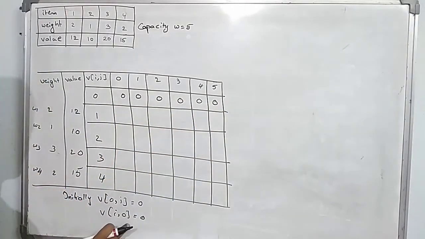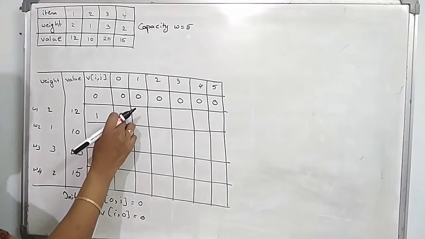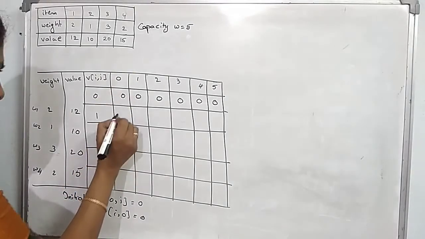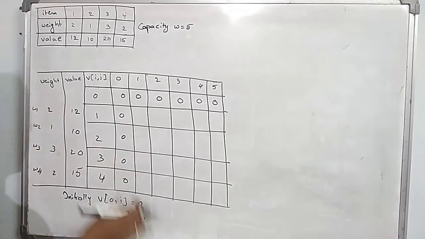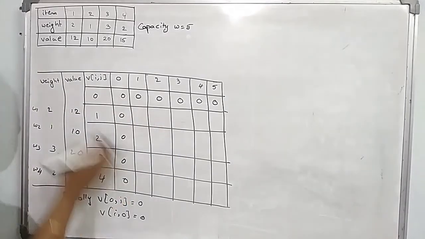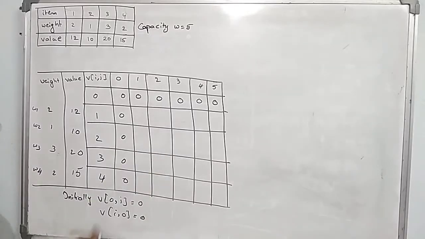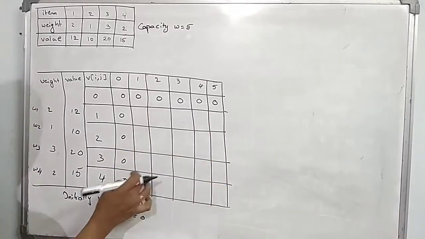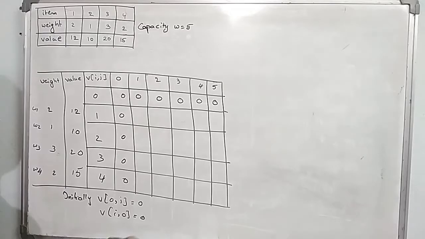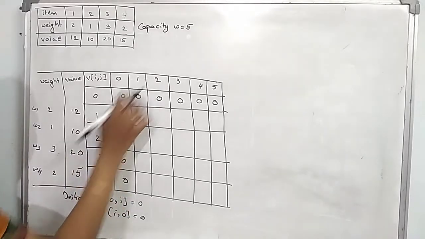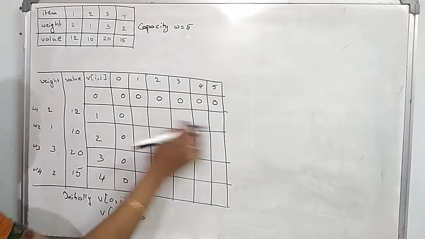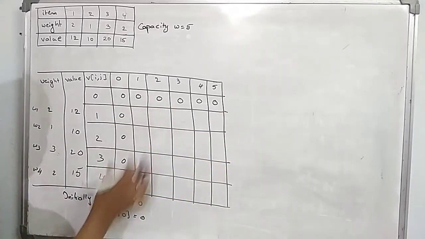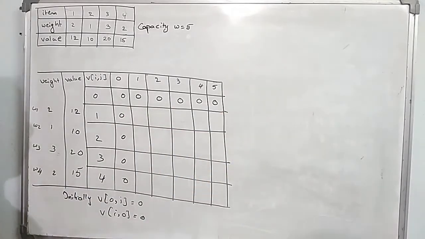Next V of i comma 0 is also set to 0. So initially you can set these rows and columns. Okay, now we can fill the remaining blocks of this table. First you can fill 1 1, 1 2, 1 3, 1 4, 1 5. After that 2 1, 2 2, 2 3, 2 4, 2 5, up to 4 5. You can fill this one.